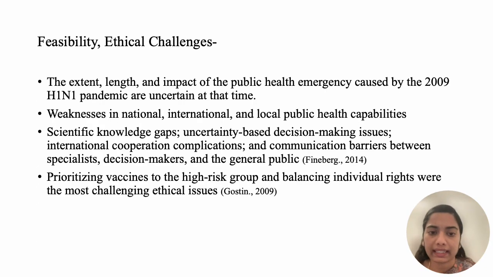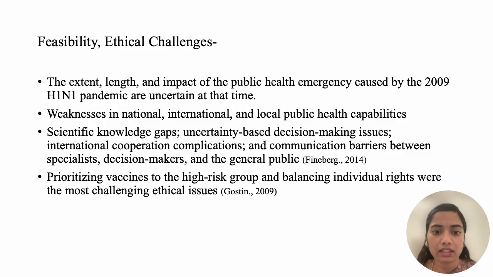Coming to feasibility and ethical challenges, H1N1 vaccines delayed release highlighted significant practical problems with worldwide pandemic preparedness. Despite being important, vaccine allocation regulations brought up ethical issues, especially with regard to access and justice for underprivileged populations. Mainly, vaccines were available for the high risk populations at the start, so there were many ethical issues raised from this.